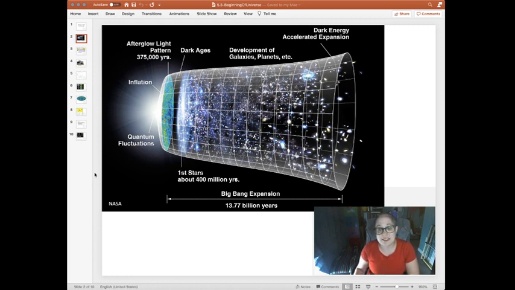With cosmological distances, you're starting to see back in time. So if we see a star that's 4 light years away, we're seeing the star as it was 4 years ago. When you see a galaxy 1 billion light years away, you're seeing what the galaxy looked like 1 billion years ago. We go all the way back to 13 point whatever billion years. You look far enough back and you hit this signal.